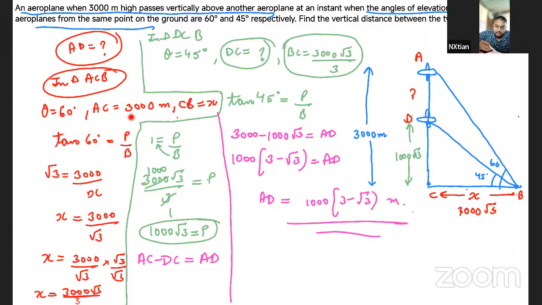And CB as X, the base which we don't know, I put as X. So tan 60 will become 3000 upon X, and this will become root 3. Sending this to that side and that to this side, it will become 3000 by root 3. Then I rationalize it. I got the value of 3000 root 3 upon 3. I can simply cut the 3 and it will become 1000 root 3. So there is no problem.